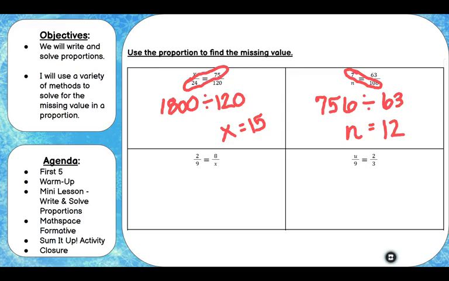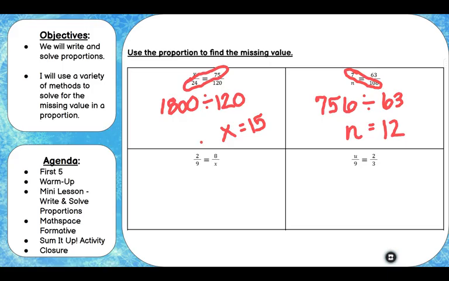So that's one way of solving a proportion that will always work. I'm going to share with you another way that works sometimes. Okay, so looking at 2/9 equals 8 over x. Think back to the equivalent fractions. Are 2/9 and 8 over x equivalent fractions? Yes, they are.